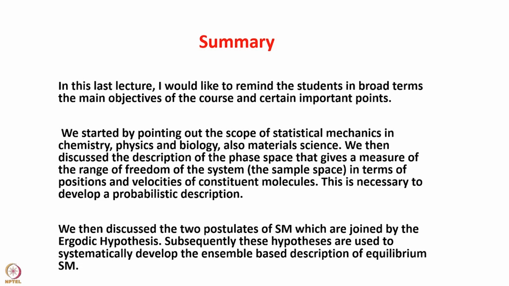So it's equilibrium probability. However, the averages that we measure in the real world are time averages. So time average equal to ensemble average, and that postulate is the second postulate. I also discussed how these two postulates need to be connected by a hypothesis.